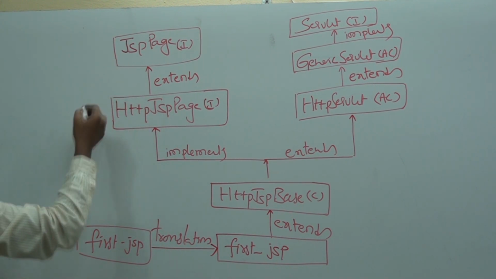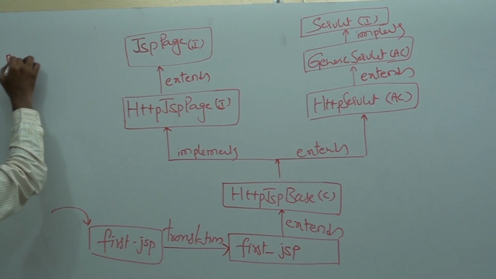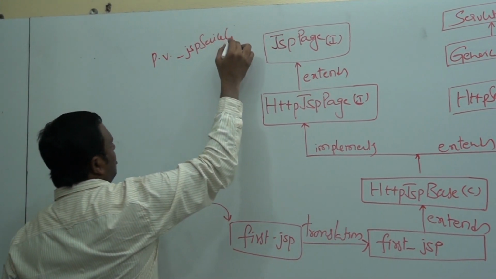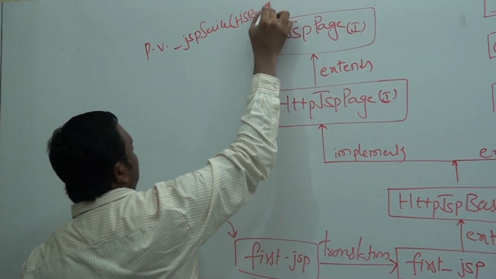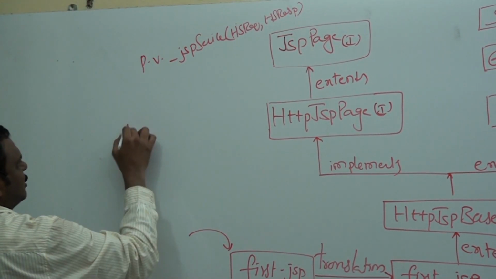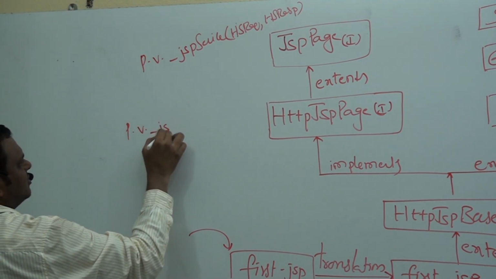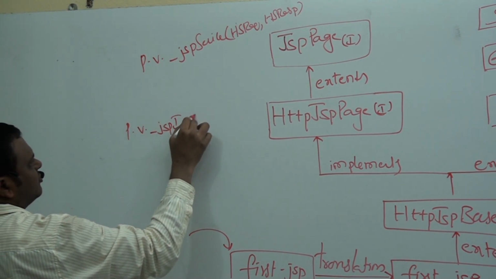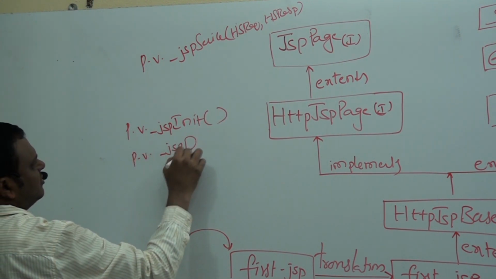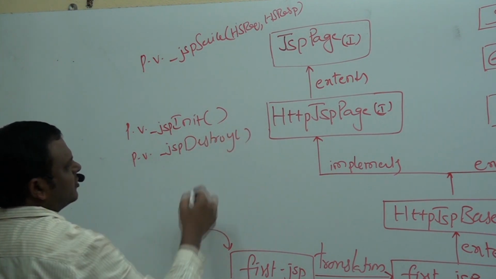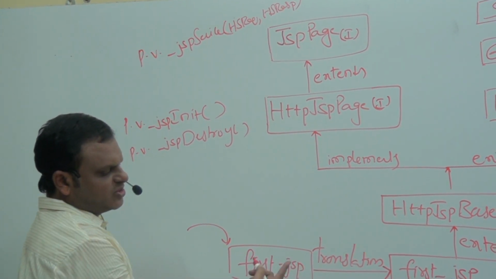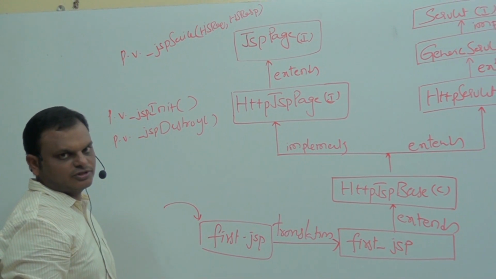Before that, the JSP page interface has declared public void _jspService of HttpServletRequest, HttpServletResponse. The HttpJspPage interface has declared two methods, public void _jspInit and public void _jspDestroy. These three methods are implemented in the HttpJspBase class with the default implementation.